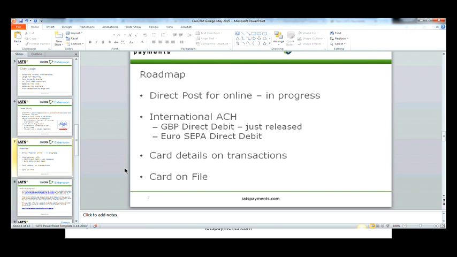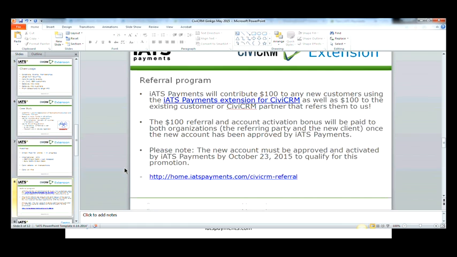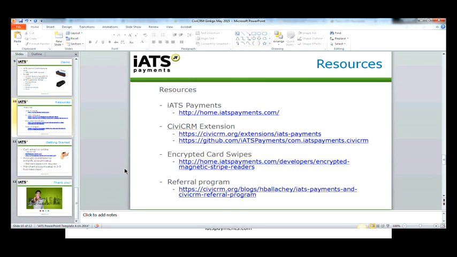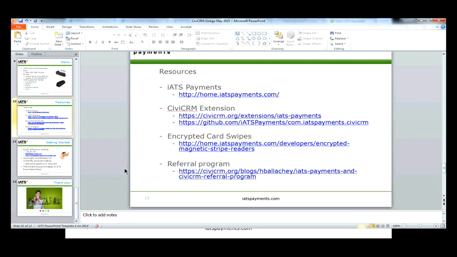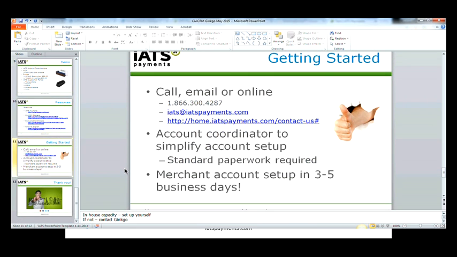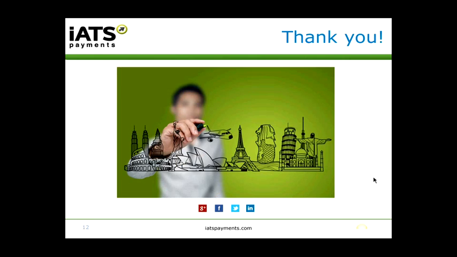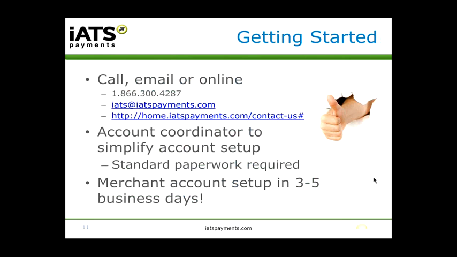If you don't have a provider that you're working with, or someone in-house who is technical who can deal with the IAT CiviCRM extension, then we can definitely help you with that. And the third alternative is using something like the Aura form setup and then just taking the JavaScript and putting it in your website. It depends on how much in-house capacity you have. Stephen, I don't know if you want to add anything to that.